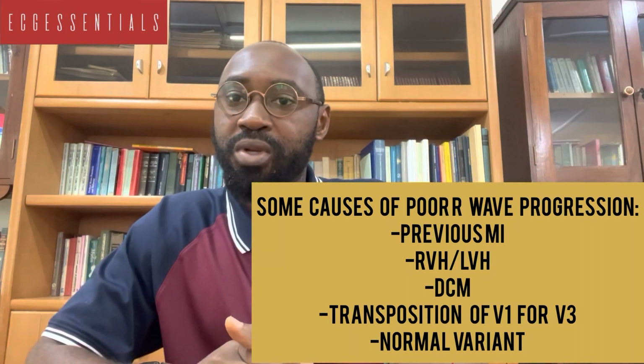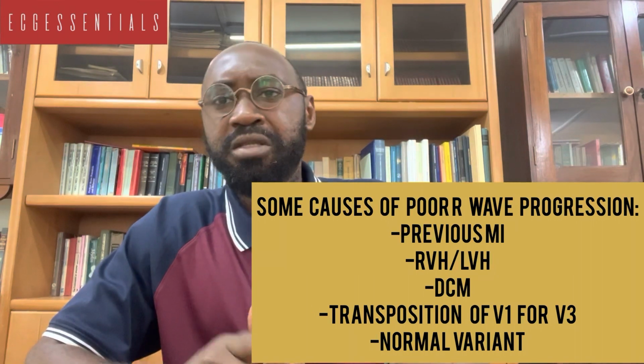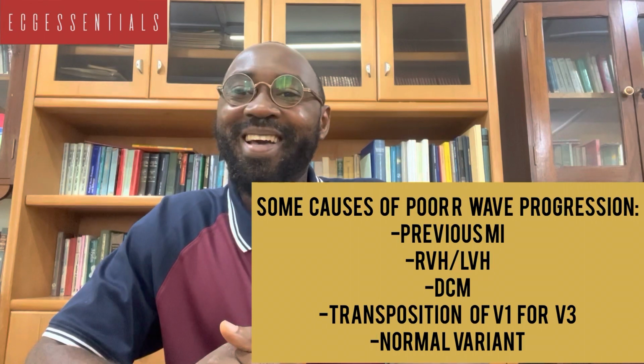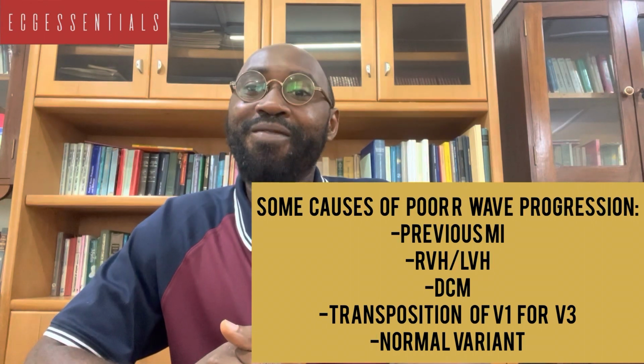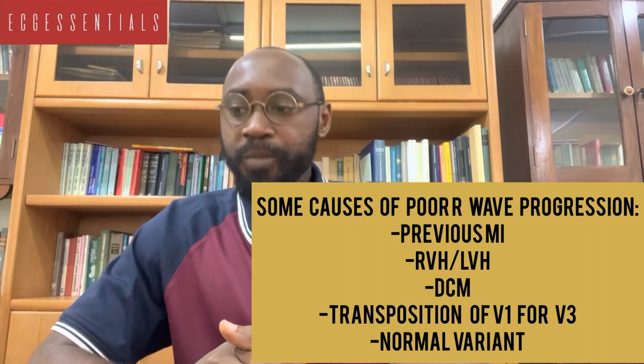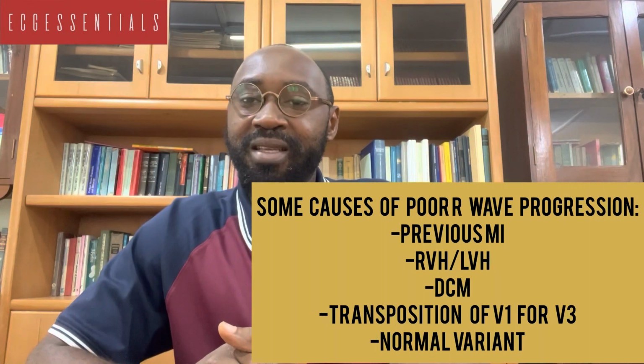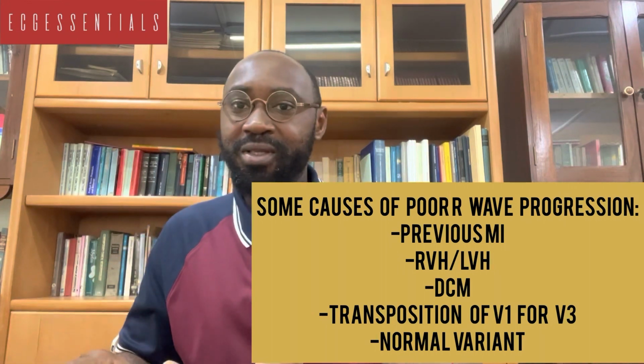That is also a possibility. And in some groups, it can also be a normal variant. But of course, we have to make sure that all the possible causes are excluded before we think about the likelihood of it being a normal variant.